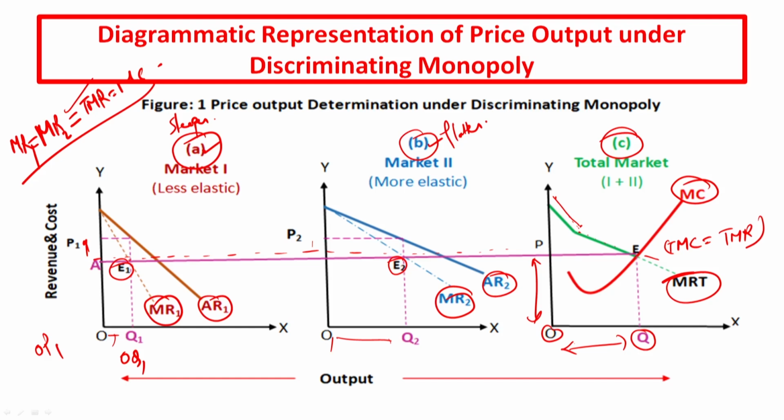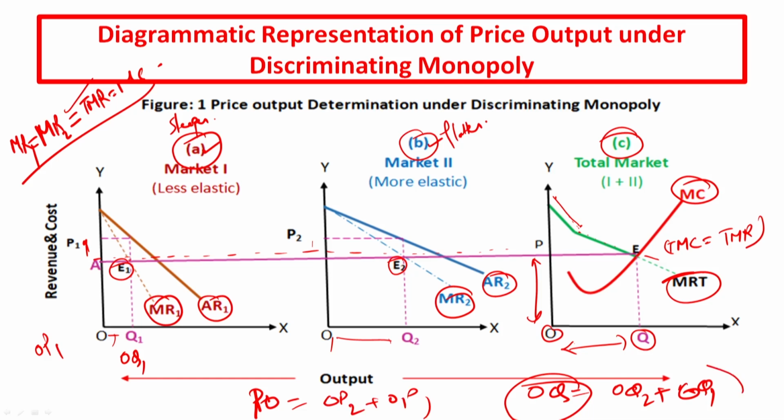In this way your total output 0Q was produced. For market 2 you have given 0Q2 and for market 1 you have given 0Q1. This gives you the total market, and you have produced that output at price OP. OP is the price for producing the overall commodity, and you have distributed this price among OP2 plus OP1.